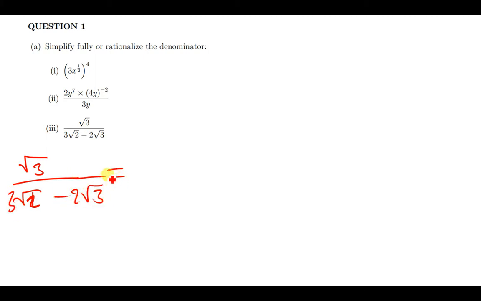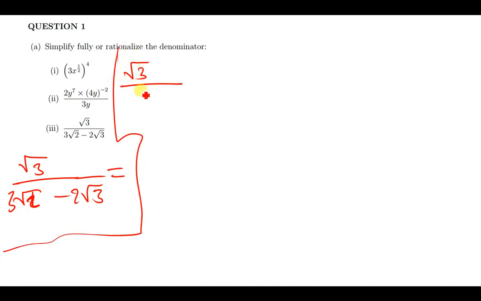So here, we can find the conjugate of the denominator. The conjugate is simply found by changing the sign in between. What I mean is this: we're going to multiply this by its conjugate. So we're going to have root 3 and then 3 root 2 minus 2 root 3.